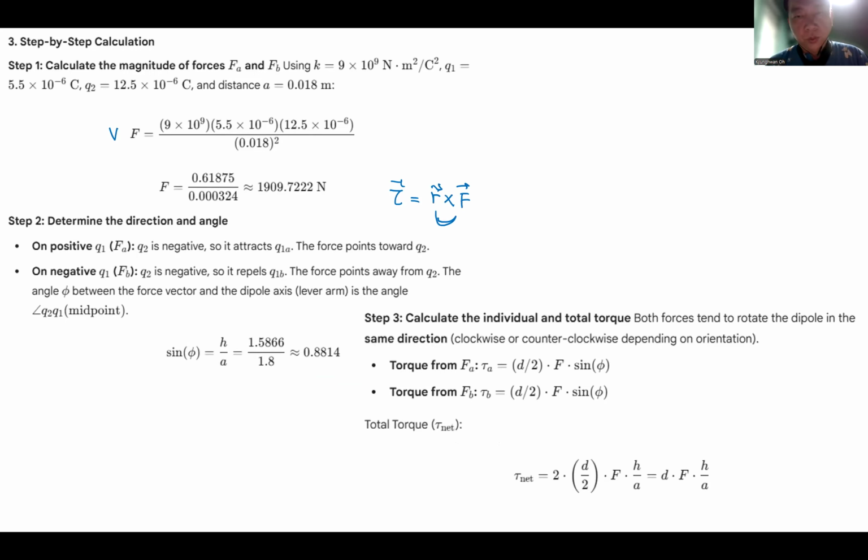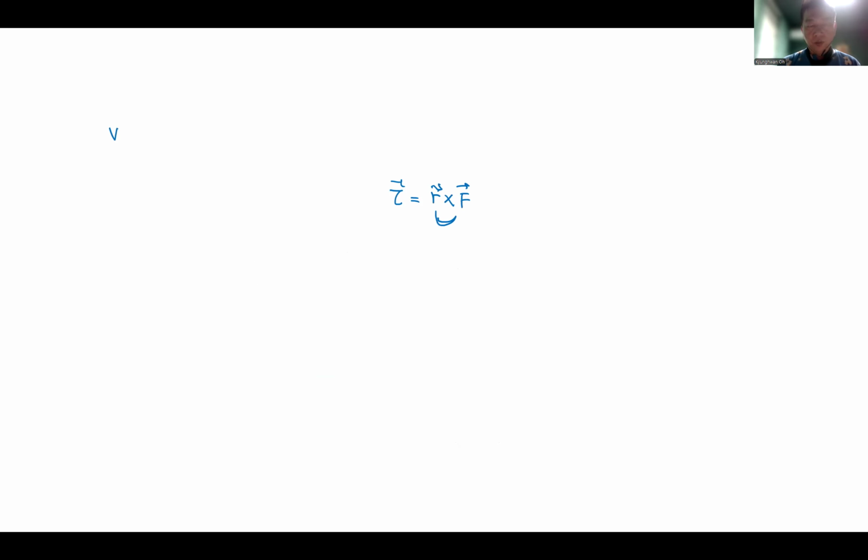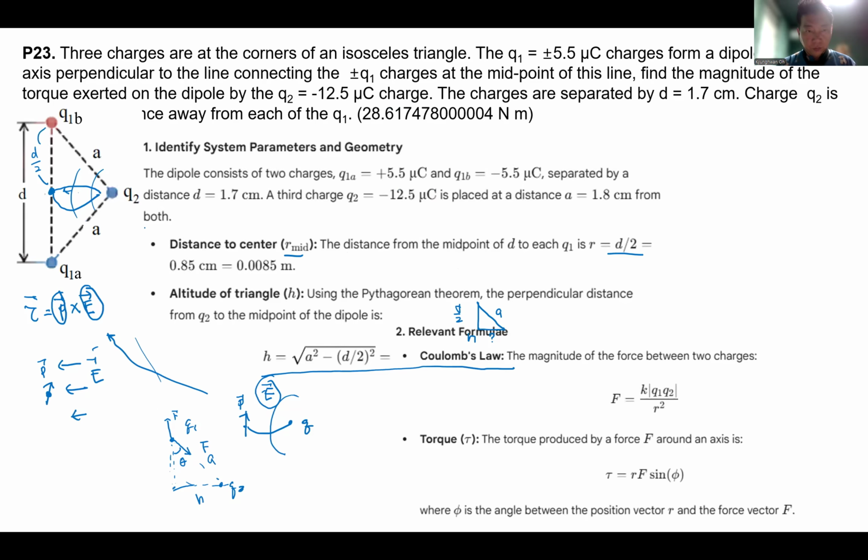And then torque is given by R cross F. R cross F, in this case, the distance is d over 2.